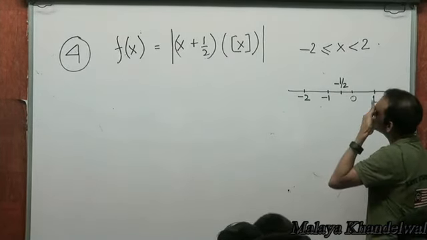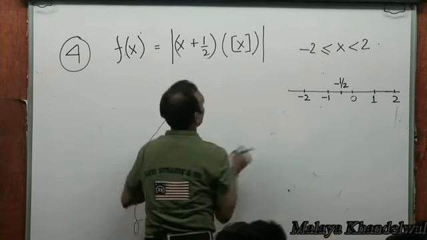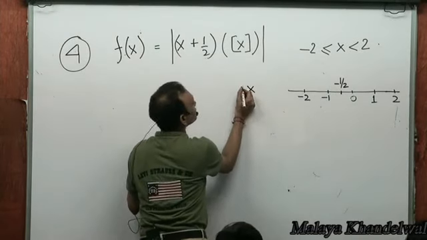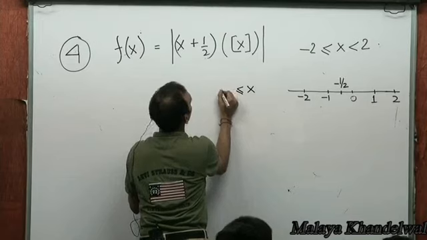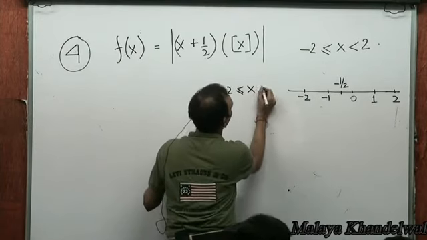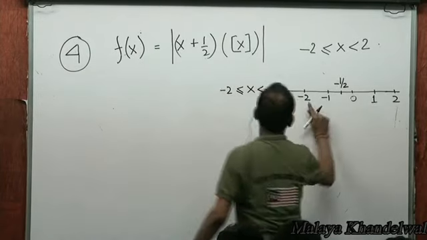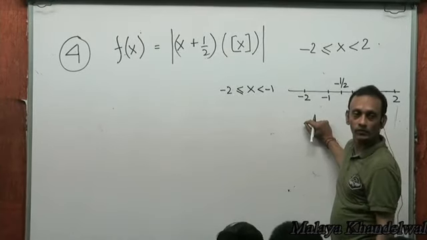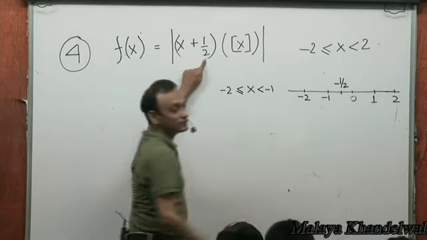Now, for x greater than or equal to minus 2 but less than minus 1, mod x plus half.